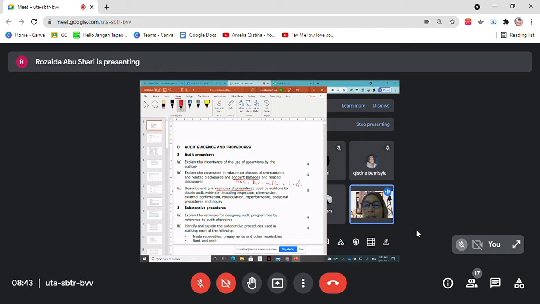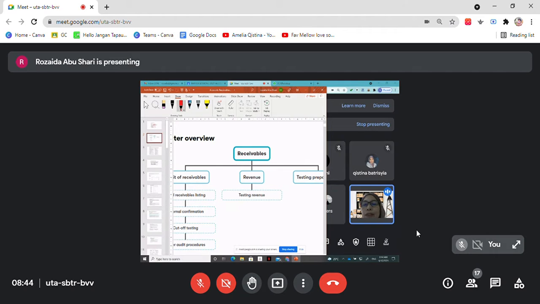On the second part, you have to design your audit procedures or audit program, with reference to your audit objective, and then explain the substantive procedure used in audit of each of the following: trade receivable, prepayment, and other receivables. And the last part is on the bank and cash. So it's a long topic today. If we are able to finish the account receivable and cash, we will proceed in the next class.